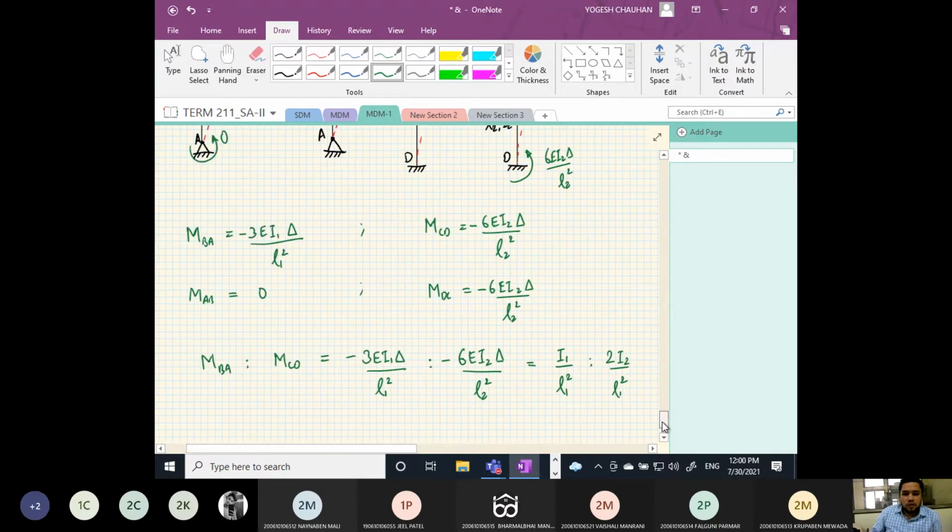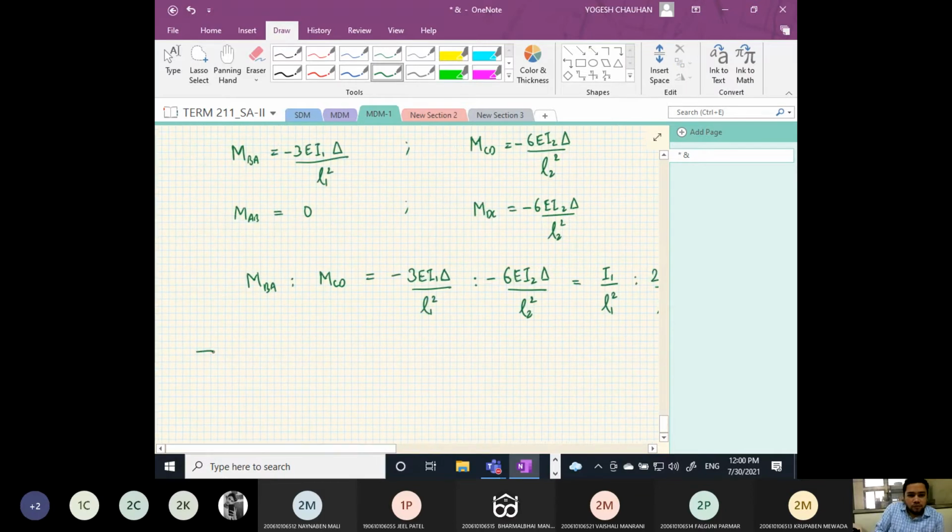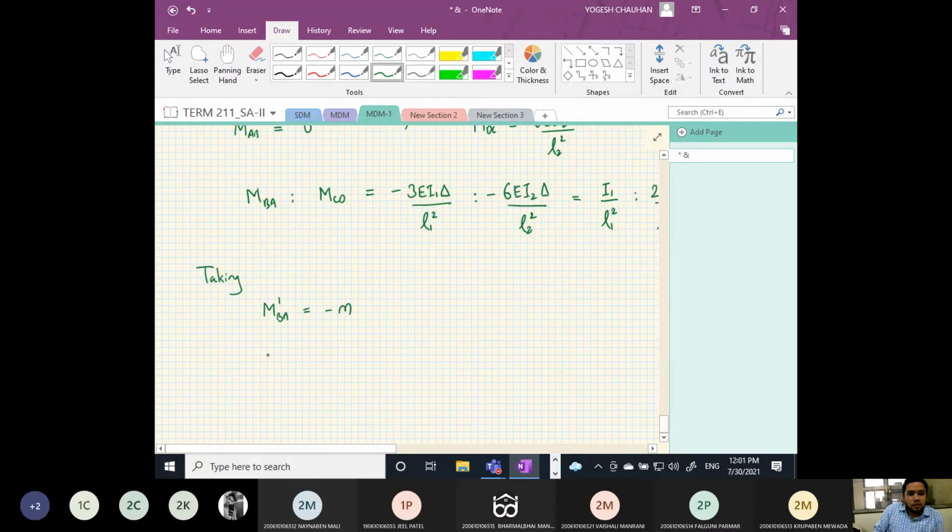So then you can take moment MBA dash equals to minus M, again minus M because it is anticlockwise. MAB dash will be 0.